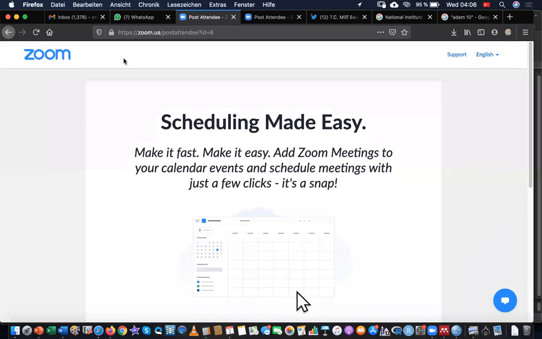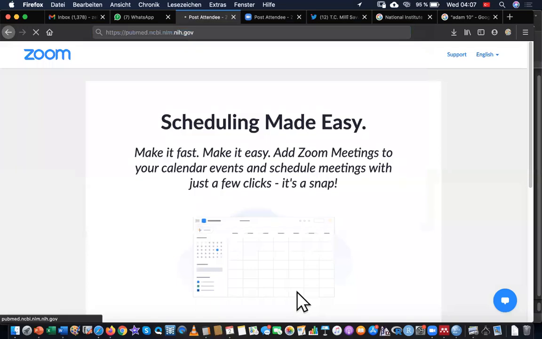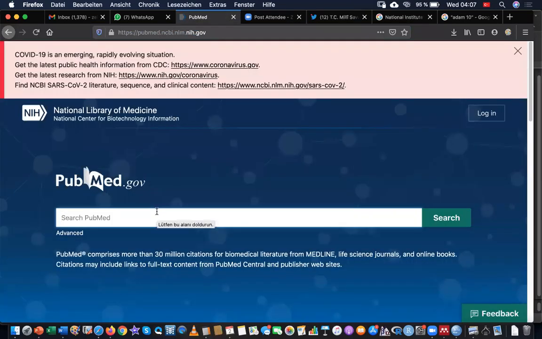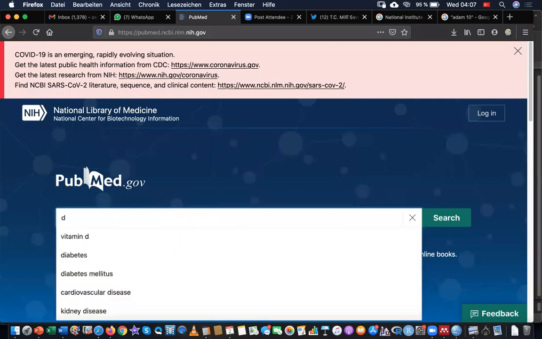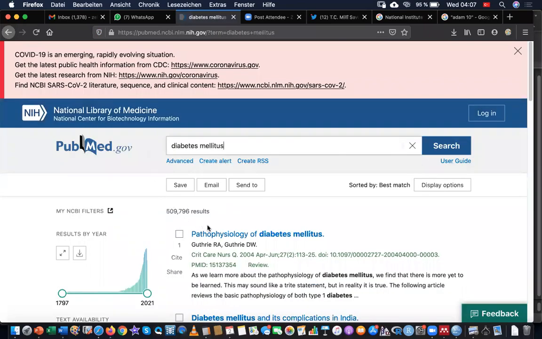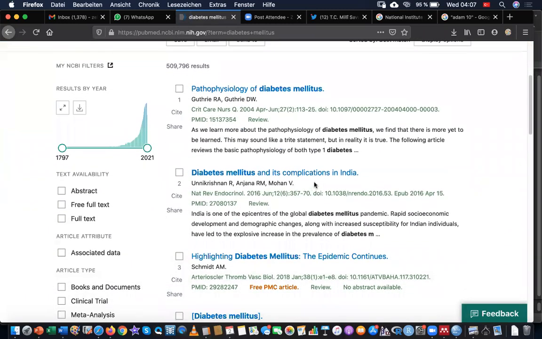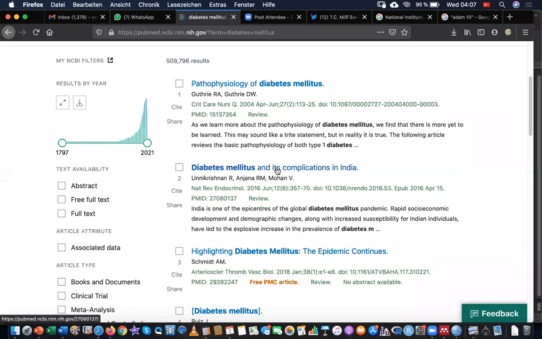Let us go to PubMed and read a paper. Search about what? I always search about diabetes because it is so common. Pathophysiology, evidence, complications in India. Okay.